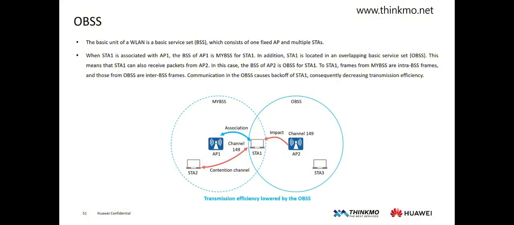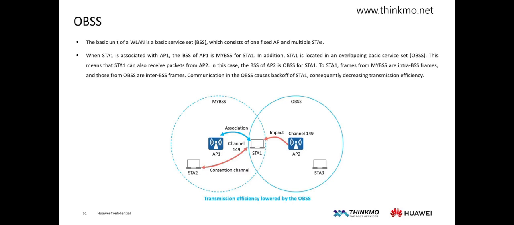If there is another AP in the adjacent area of a basic service set, the overlap of the signal coverage area with AP1 forms an OBSS, or overlapping basic service set. In this situation, the terminal will not only receive data from its own AP, but also simultaneously receive data sent by the adjacent AP, which can cause issues.